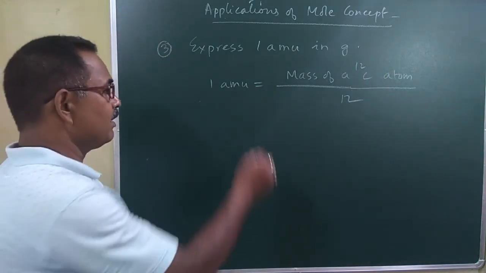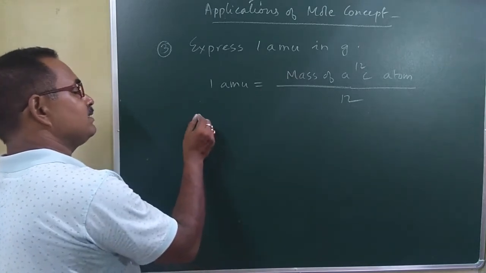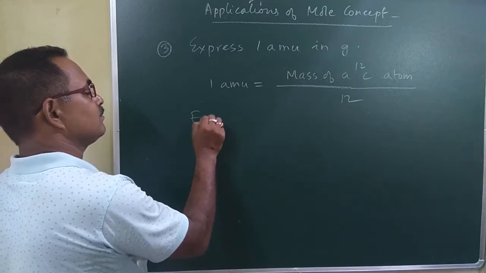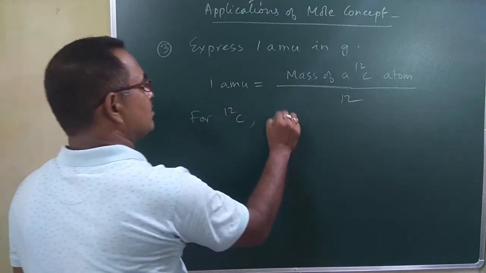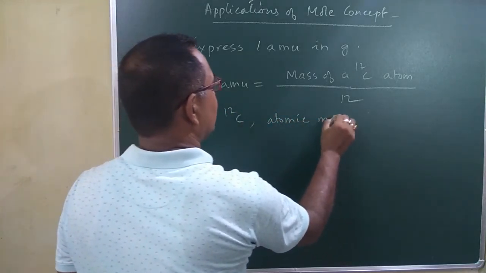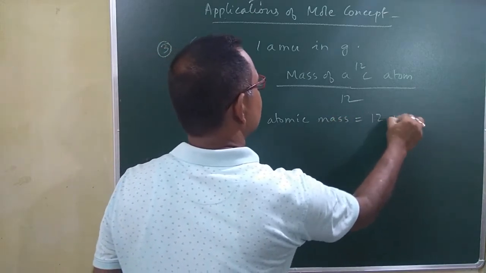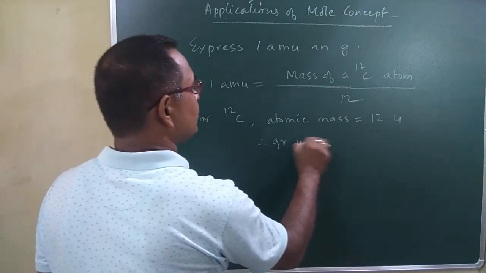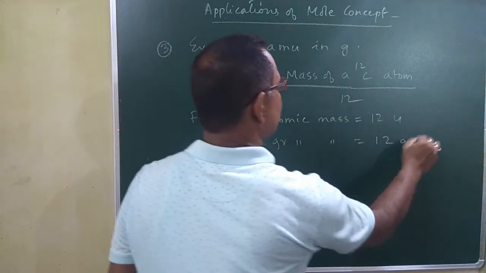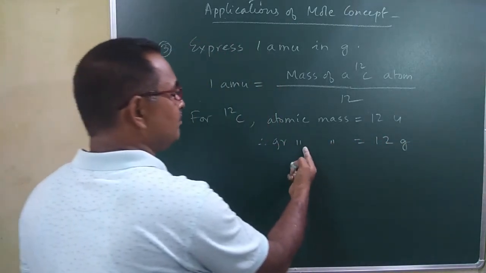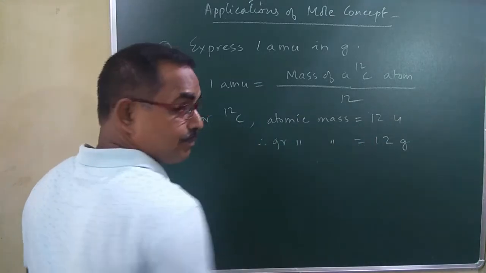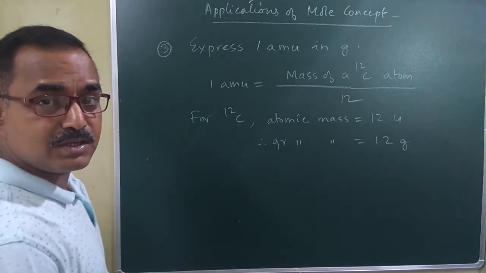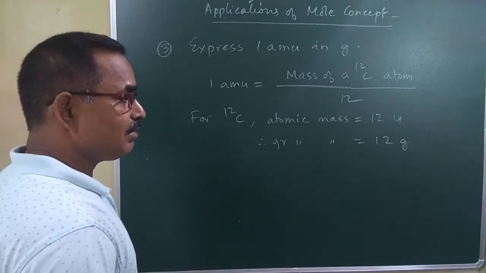Okay. Now what is C12? In case of C12, the atomic mass is 12. Therefore, the gram atomic mass would be 12 gram. It means 1 mole of C12 means 12 gram. Again, 1 mole means 6.022 times 10 to the power 23 atoms of C12.